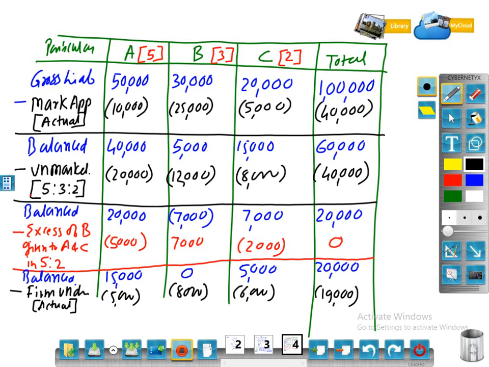19,000 they are going to take. So the actual net liability will come. Again, we will take the balance. 15,000 minus 5,000, 10,000. 0 minus 8,000, minus 8,000, and 5,000 minus 6,000, minus 1,000.